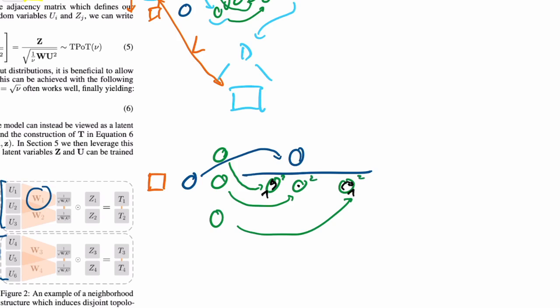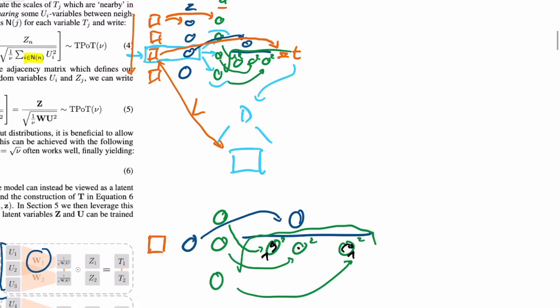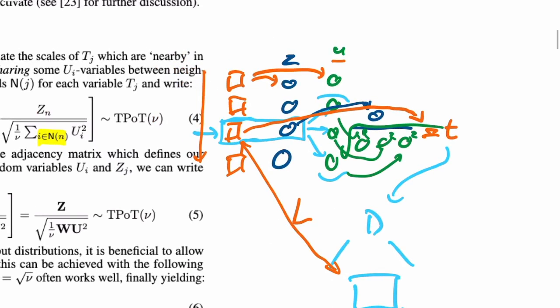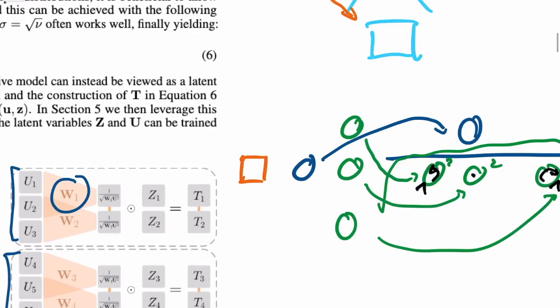So in the language of this paper, what this means is that, given a particular position in this image, this position right here, if we simply apply the classic neighborhood structure, we say we want this position in this image to be correlated with the same position a step back and a step forward.